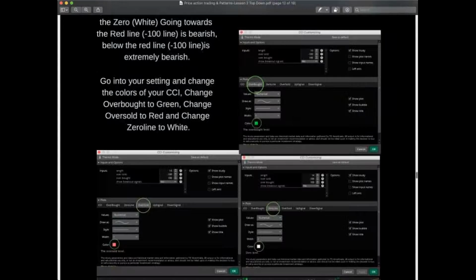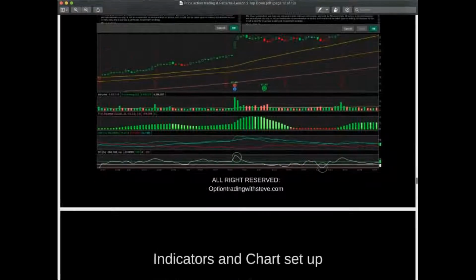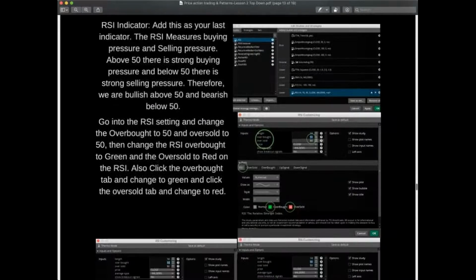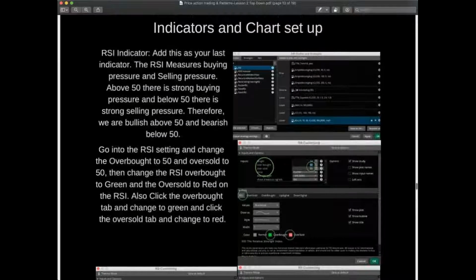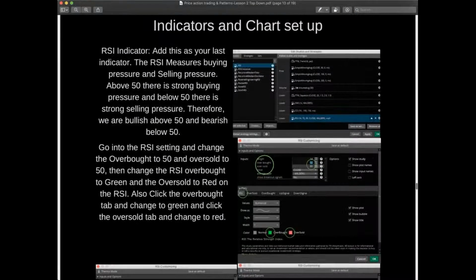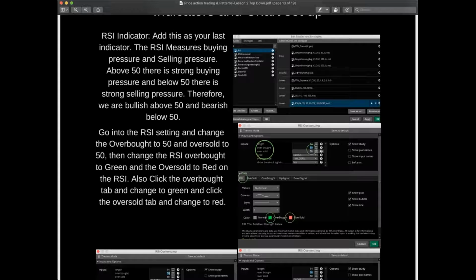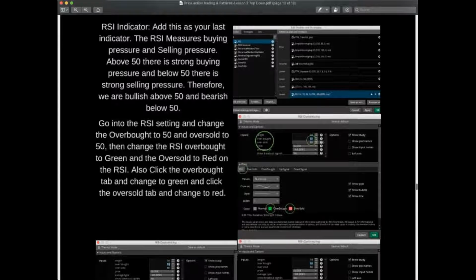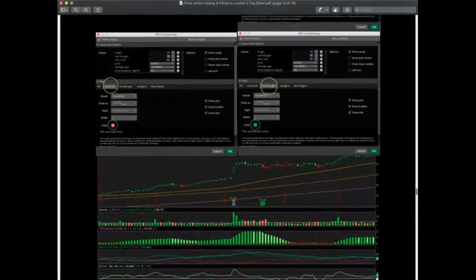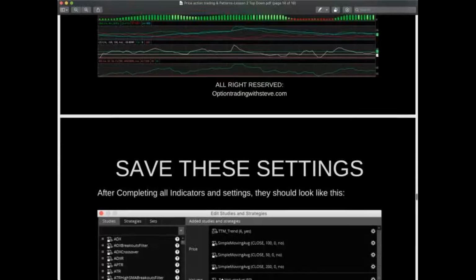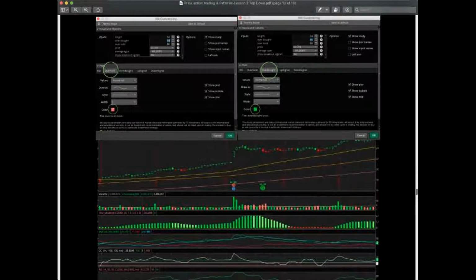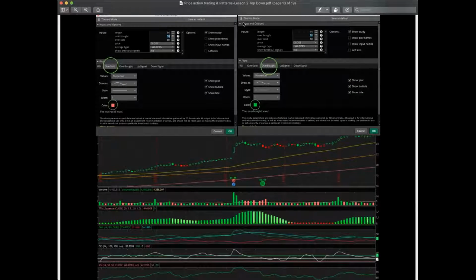We're gonna actually replace the CCI with the Stochastics. And then we are gonna go into the RSI. So we're gonna go the TTM Squeeze, the DMI, the RSI, and yeah, that's gonna be for these. So let's go into that.